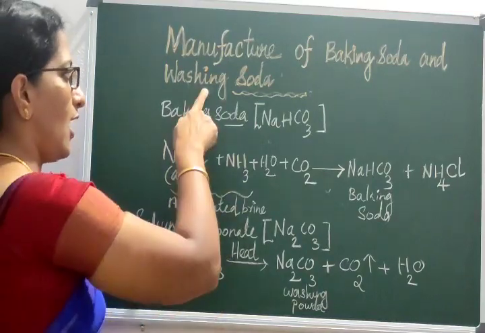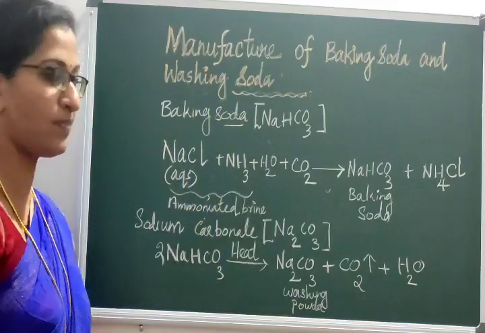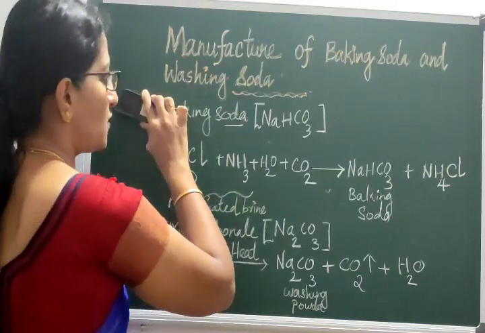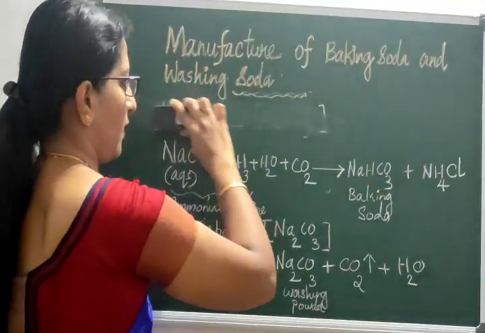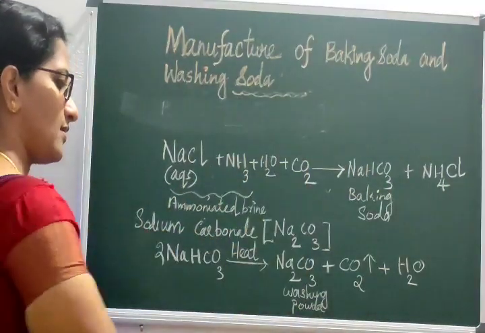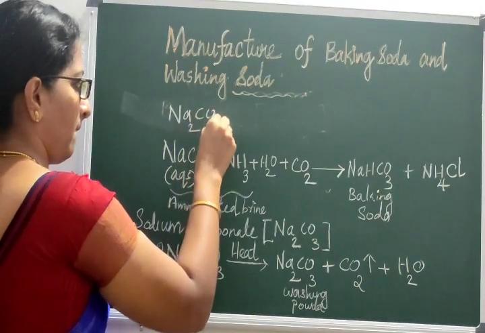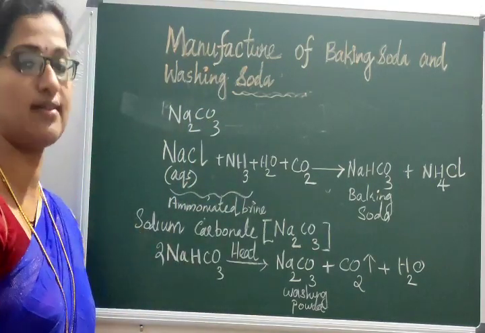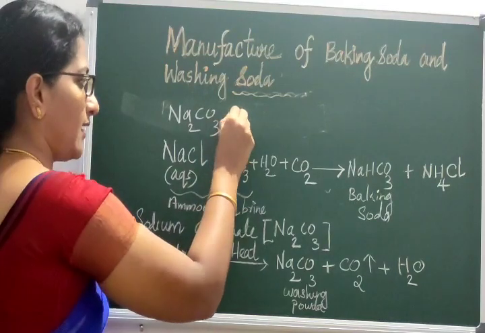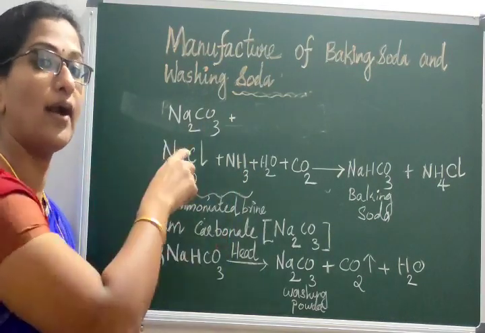Next question, how will you prepare washing soda? In order to prepare washing soda, just take sodium carbonate, take washing powder, and do the recrystallization. What is meant by recrystallization? Add water molecules.